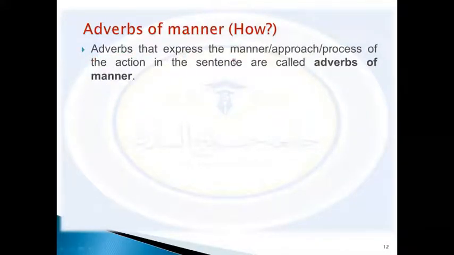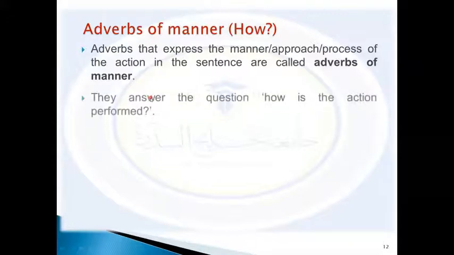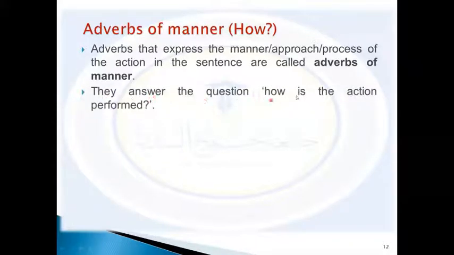Adverbs that express the manner, approach, or process of the action in the sentence are called adverbs of manner. They answer the question of how the action is performed, in this way or that way.